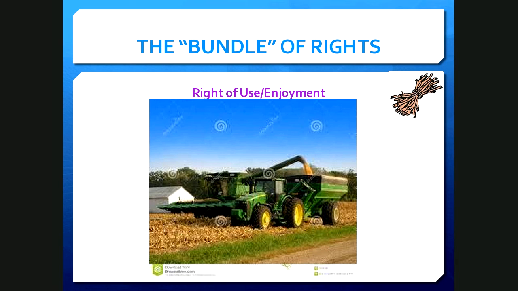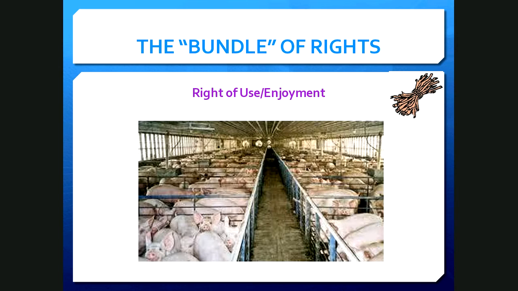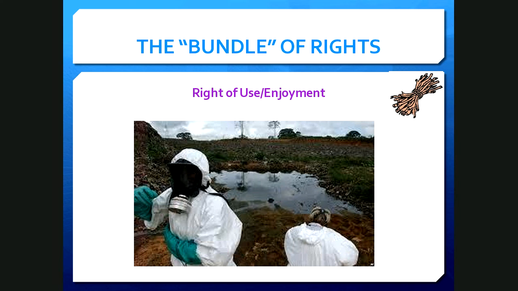You might own some land out in a rural area and want to use it as a farm. Then again, you might want to use it as a pig farm. It's your property and you have the right to use it the way you want. You might even choose to use it as a toxic waste dump.